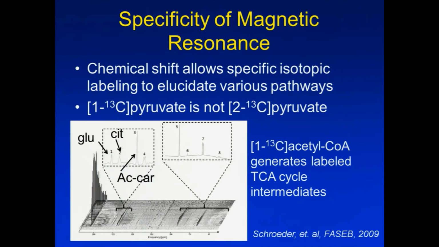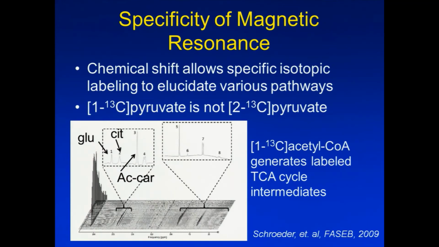Therefore, 1-13C pyruvate is not the same as 2-13C pyruvate. Here you can see an experiment in a perfused rat heart where 2-13C pyruvate was used, which makes 1-13C acetyl-CoA, and therefore you can see glutamate C5, citrate, and labeling of acetylcarnitine.